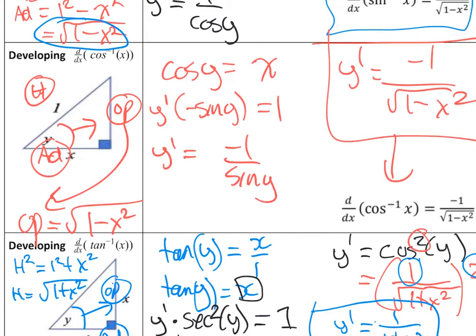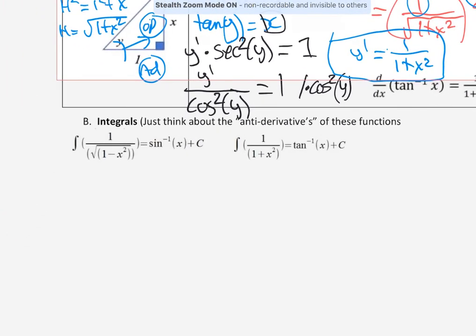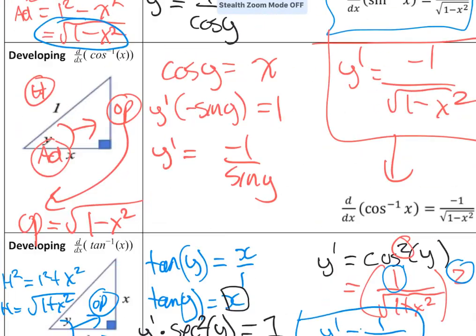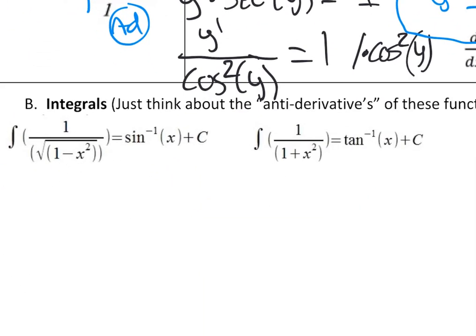So what you'll notice is that it's exactly the same as the derivative of sine inverse of x, except for that little negative there. And that's really nice when it comes to integrals, because when it comes to integrals, it's very, very easy.